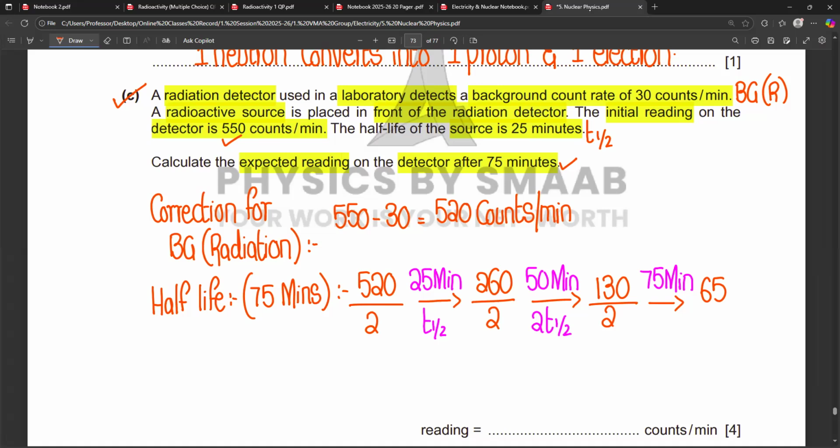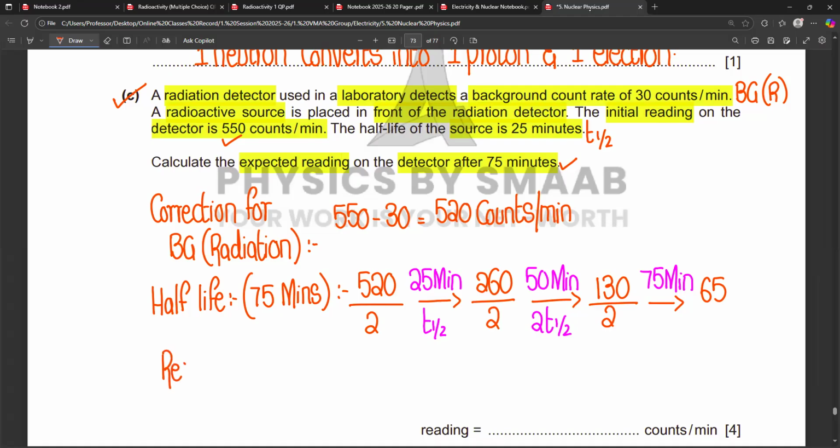And we calculate the half-life. First half-life 25 minutes, second half-life 50 minutes, third half-life 75 minutes. And after 75 minutes, the radioactive sample decays to the value of 65. But again, the background radiation is still present in your surroundings. It means the reading detected by the detector includes the background radiation also.